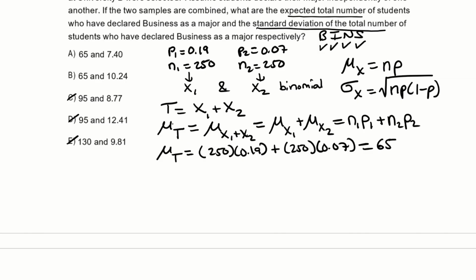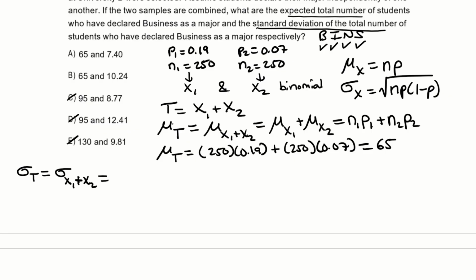Now we're doing the standard deviation of the total, which is the standard deviation of X1 plus X2. But remember, they said that X1 and X2 are independent of each other. So that means we can use the formula for this. If they were not independent, we couldn't calculate this unless we introduced some kind of correction factor, but that's beyond the scope of this.